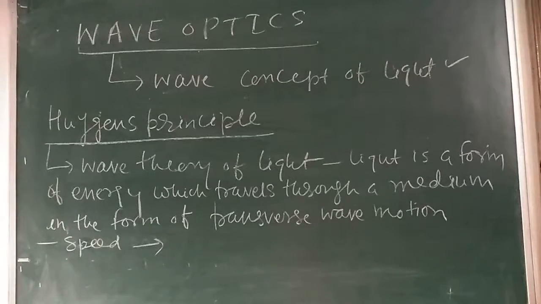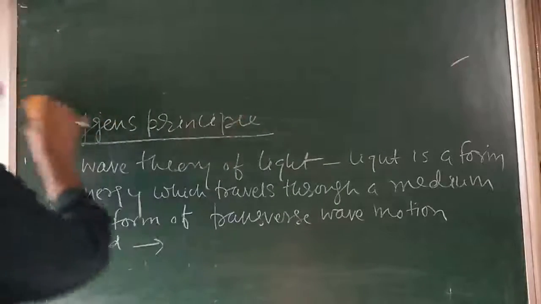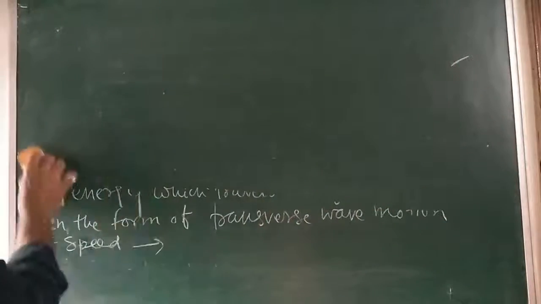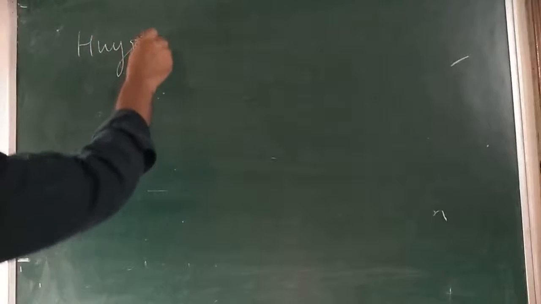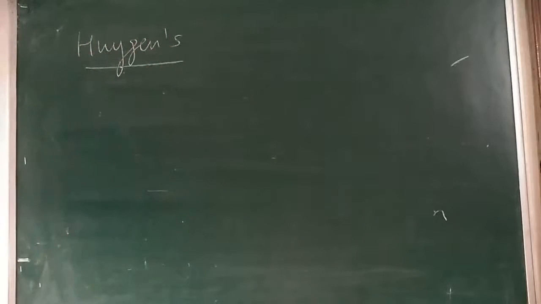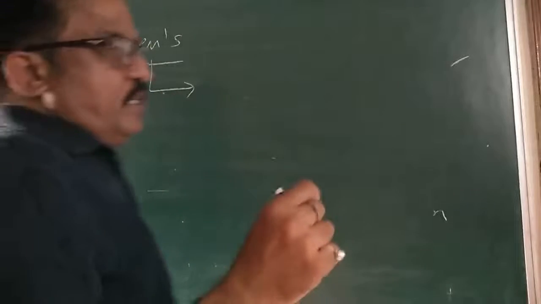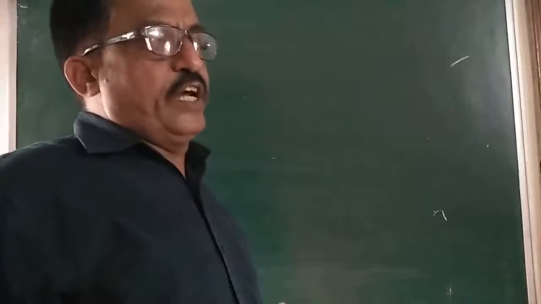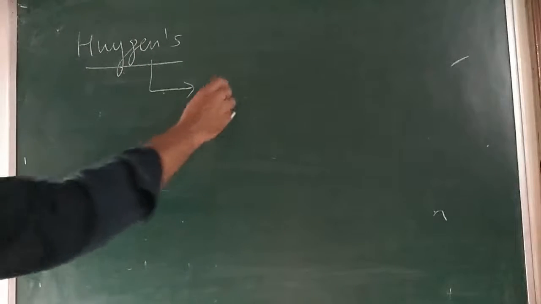Now for that, Huygens' imagination was, first we are going to see here, Huygens supposed the existence of a hypothetical medium. He supposed the existence of a hypothetical medium called ether.